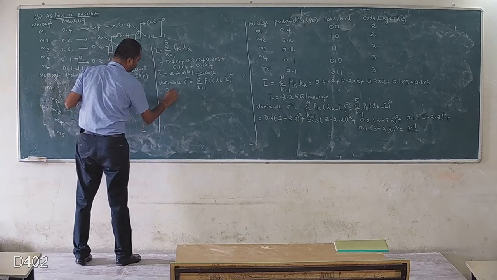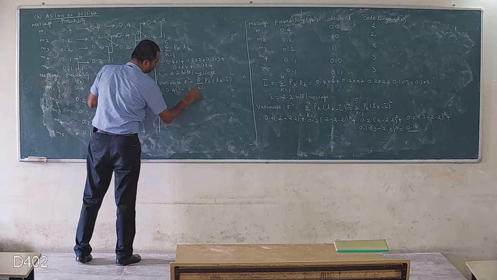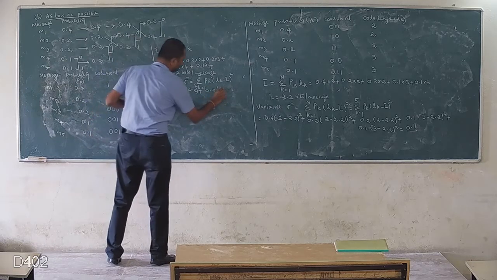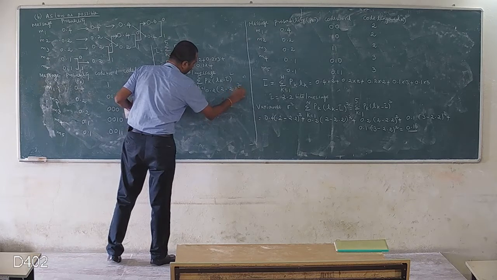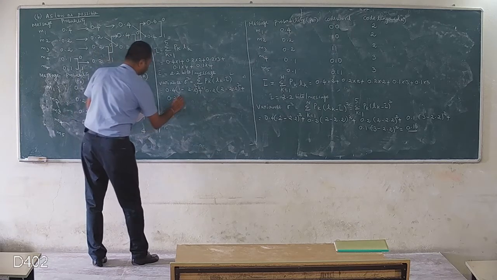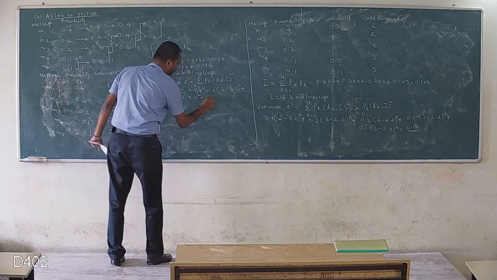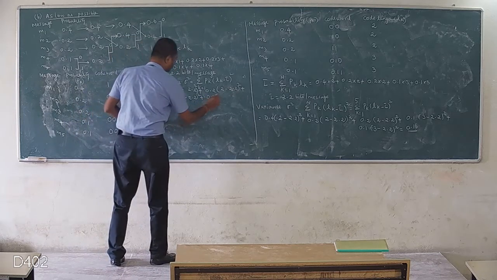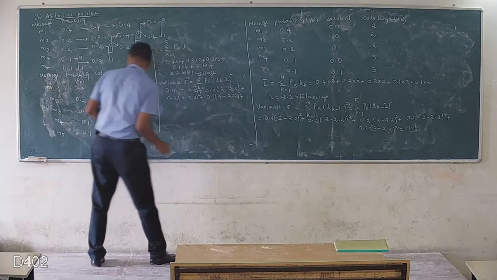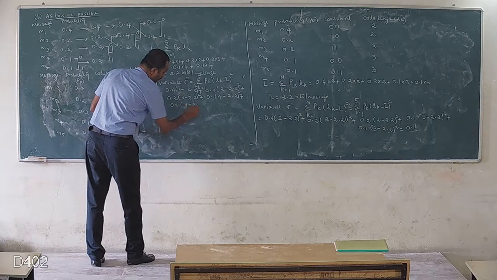0.4 into lk is 1 minus L bar is 2.2 whole square plus 0.2 into lk is 2 minus 2.2 whole square plus 0.2, the length is 3, so 3 minus 2.2 whole square plus 0.1 into 4 minus 2.2 whole square plus 0.1 into 4 minus 2.2 whole square.